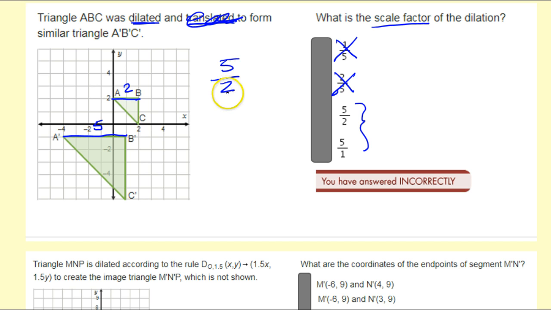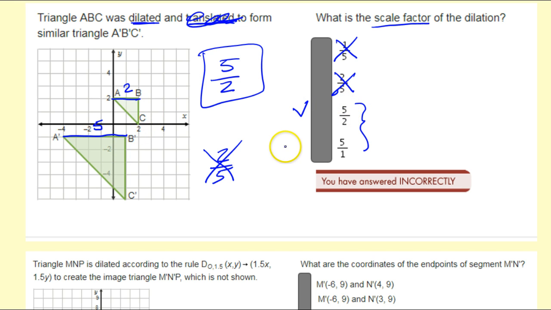So I'm going to make it the improper fraction. If the smaller triangle were A prime, B prime, C prime, which would mean that it's shrinking, then I would do 2 over 5. So you make it less than 1 if it's getting smaller, and bigger than 1 if it's getting bigger. So anyway, 5 over 2 is the answer.